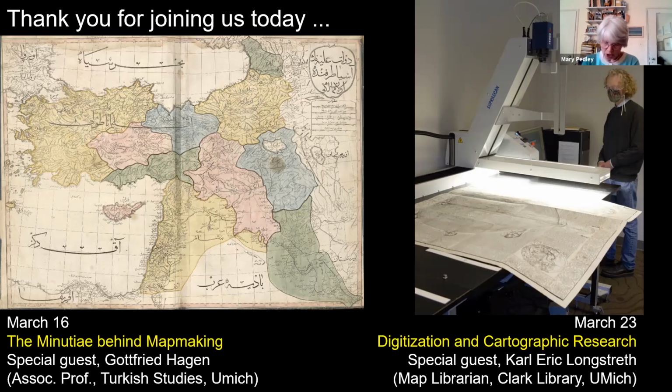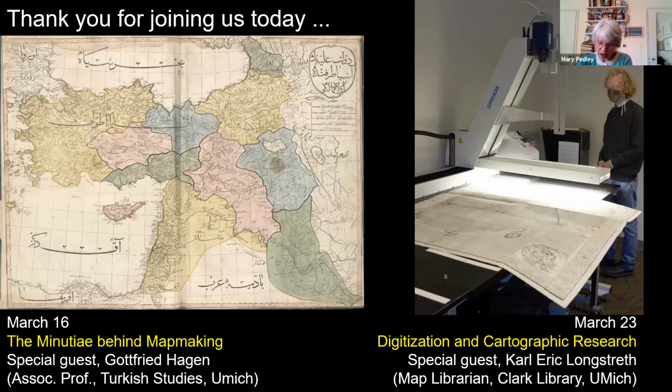The following Tuesday, on March 23rd, we're going to go behind the scenes and look more closely at digitizing maps. One reason we were able to include all our illustrations in full color was really thanks to the digital process. And I don't know how many of you are curious about how big maps actually get digitized, but Carl Longstreth, our colleague at the Clark Library, shown here actually using one of the digitizing machines, is going to talk to us more about the challenges of digital imaging.